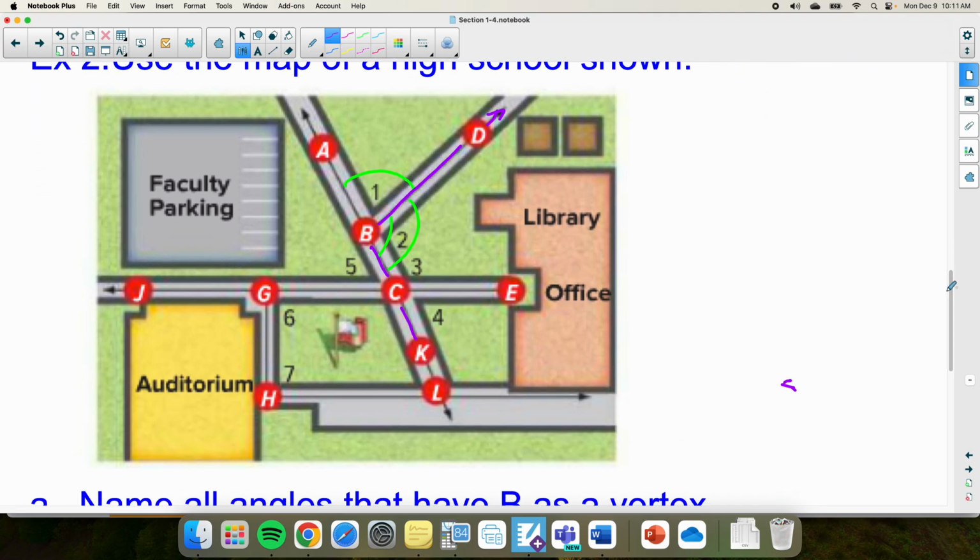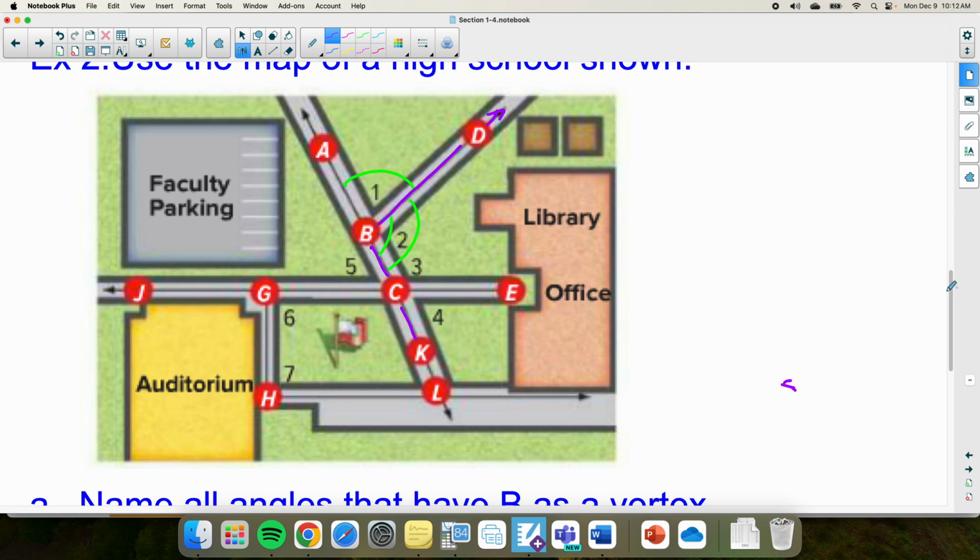as angle 2, or I could have named it as angle DB and then any of these 3 points here. So I could have said DBC, DBK, DBL, and then if I named it the other way and started here, I could have chosen any of these 3. So I could have done angle CBD, KBD, or LBD.